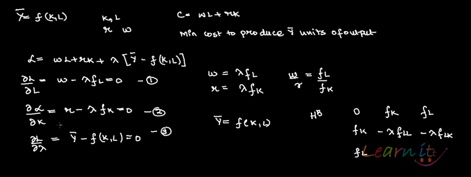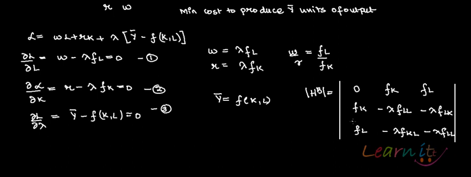Then the second condition, first with respect to L, minus lambda f of KL, and then with respect to K again, minus lambda f of KK. This is the matrix, and you have to solve its determinant.